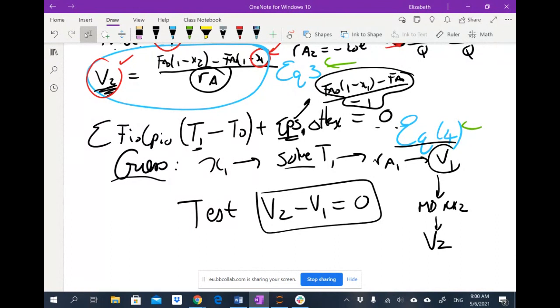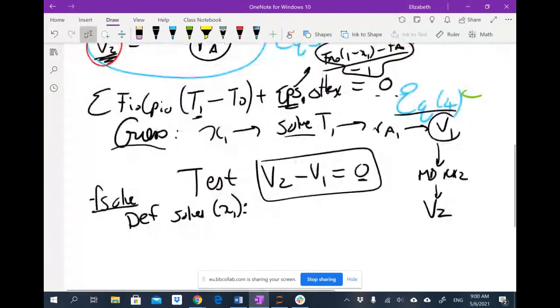So we can then use that as the function that we return. In my solver, if I now have fsolve that I want to use, the function that I will define will only be a function of x1.